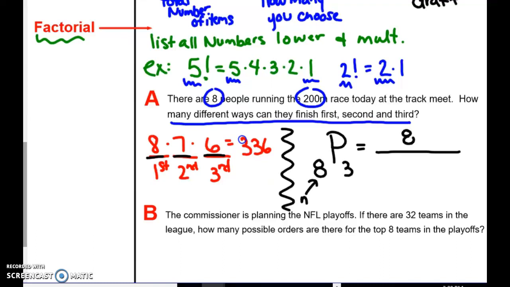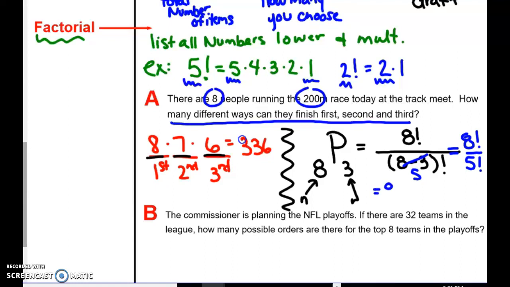So we do 8 factorial on top. And on the bottom, we subtract the n and the r. So we do 8 minus 3 factorial. What that means is 8 minus 3 is 5. So now we really have 8 factorial over 5 factorial.